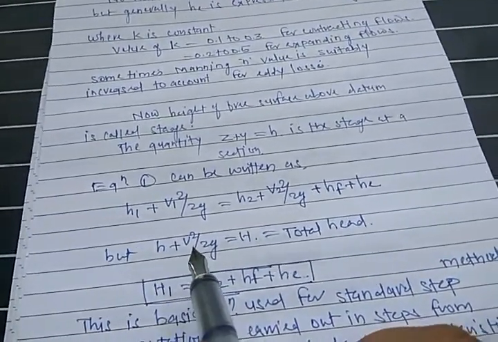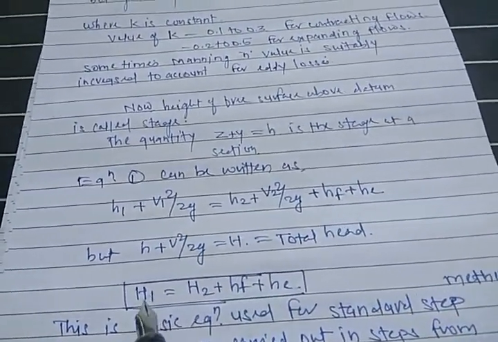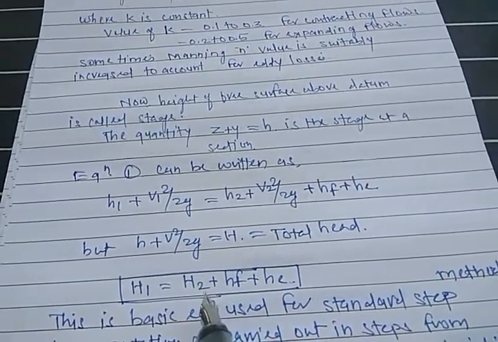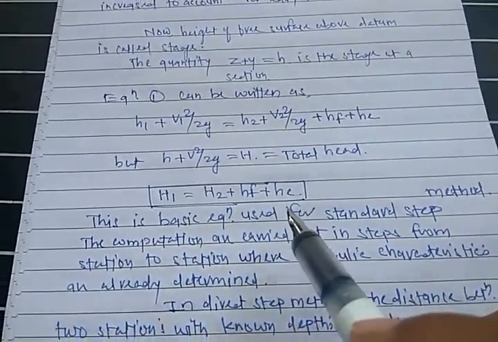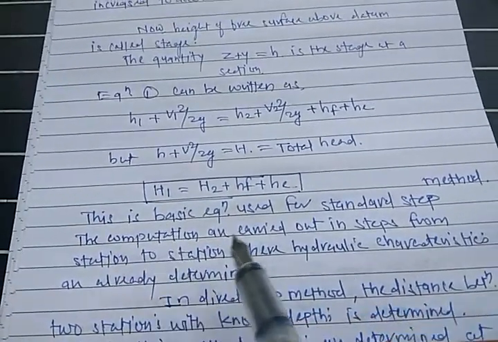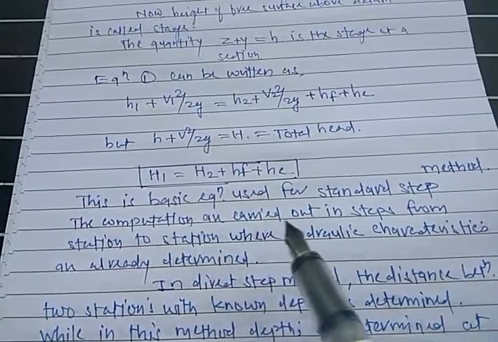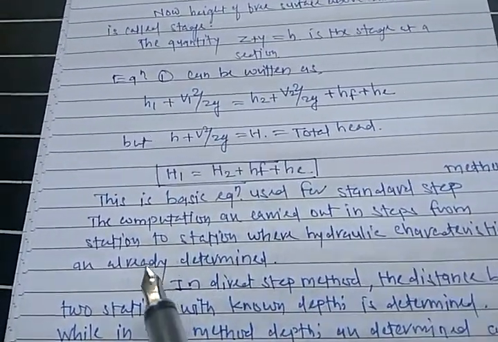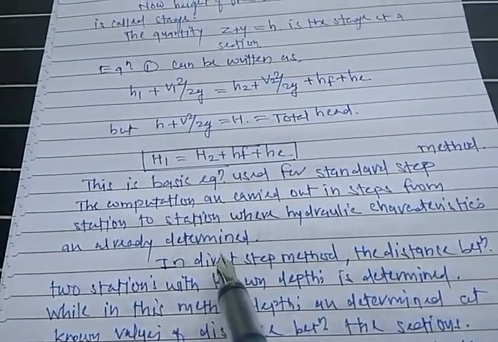But we know h plus v square by 2g is equal to capital H, that is total head. So capital H1 is equal to capital H2 plus hf plus he. Fairly easy to understand. Next, this is the basic equation used for the standard step method. The computations are carried out in steps from station to station where hydraulic characteristics are already determined.